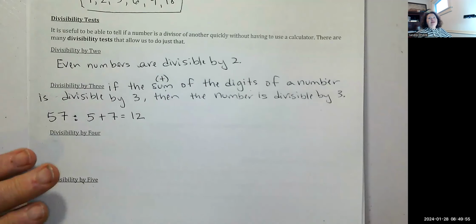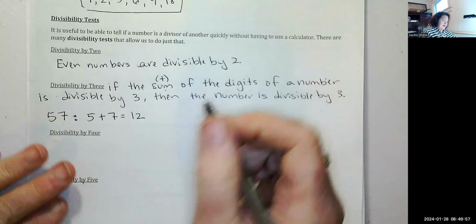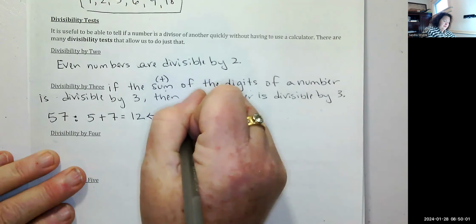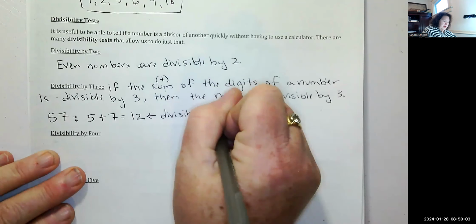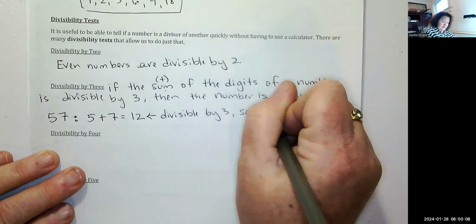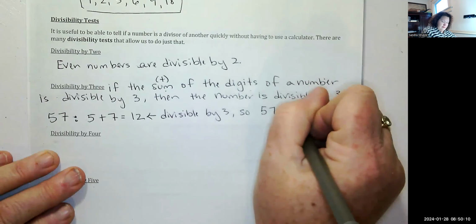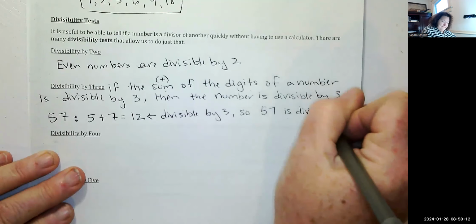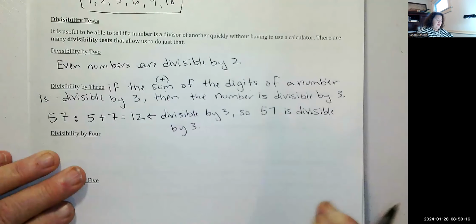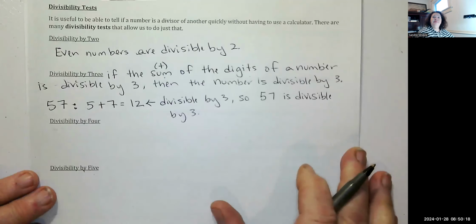Wow, 12 is divisible by 3, so 57 is as well. Just another great tool.